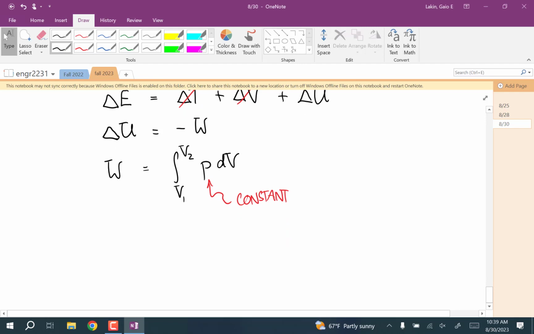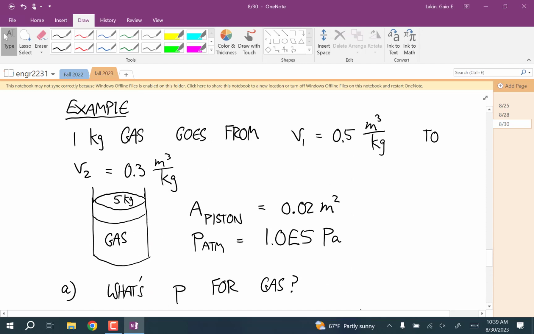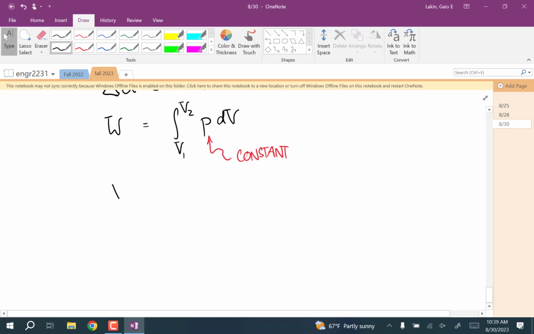We need volume 1 and volume 2. We're almost given that, but not quite. This is one of those cases where you have to be careful. We have 1 kilogram of gas. So V1 is equal to 1 kilogram times 0.5. I should have chosen a different volume so it changed the numbers. Okay, so 0.5 meters cubed per kilogram. Nope, now we got rid of the kilogram, so this is just meters cubed.